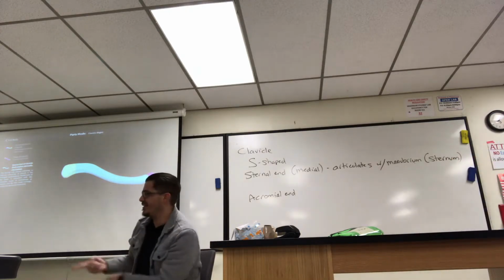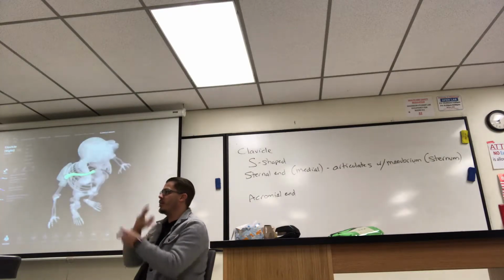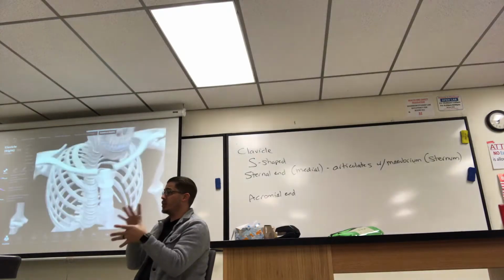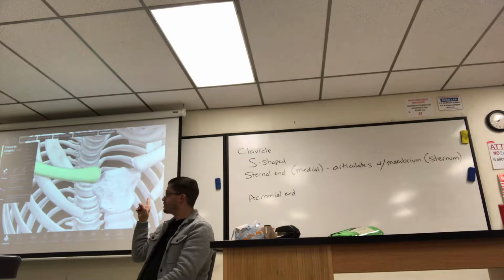We learned the manubrium when we learned the thoracic cage. Let me put it back in the full body. The name of this joint where the manubrium articulates with the sternal end of the clavicle is called the sternoclavicular joint.